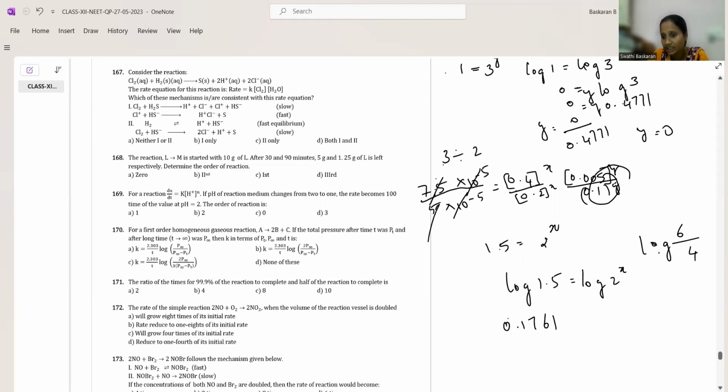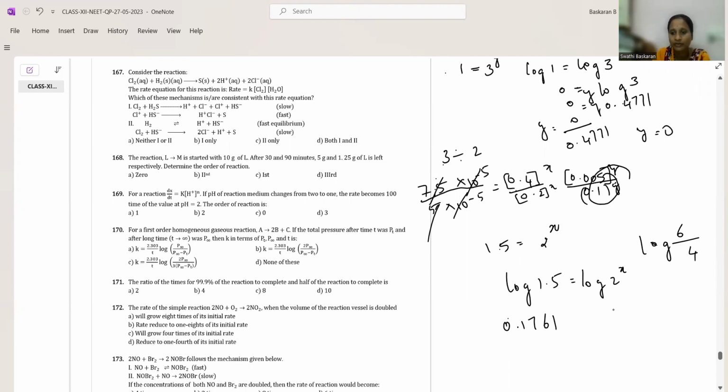Log 6 you can take as log 2 power 3, so 3 into log 2, which all of you are aware is 0.3010. So it becomes 0.9030, minus log 4, which is 0.6020. If you do that, you get the log value of 1.5, which is also 0.1761.